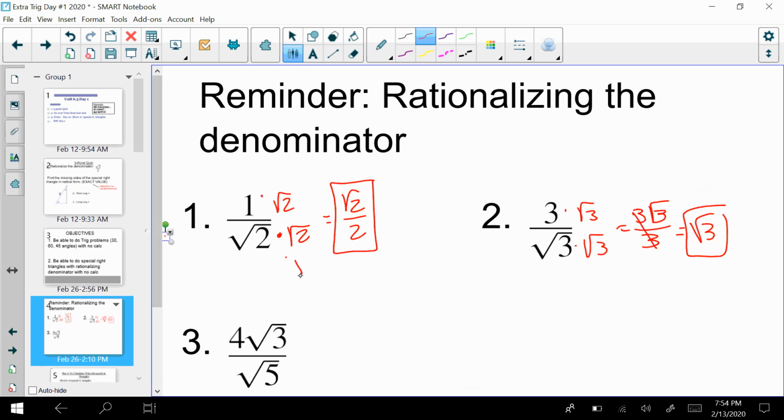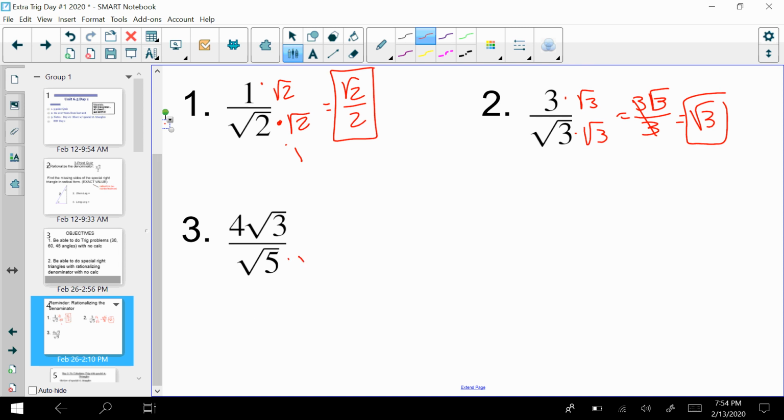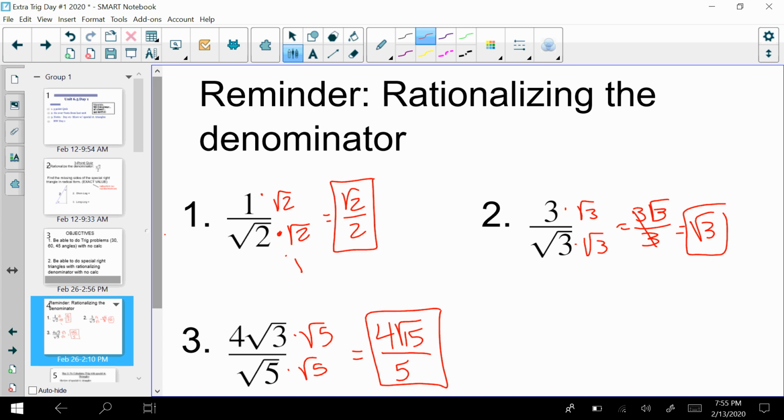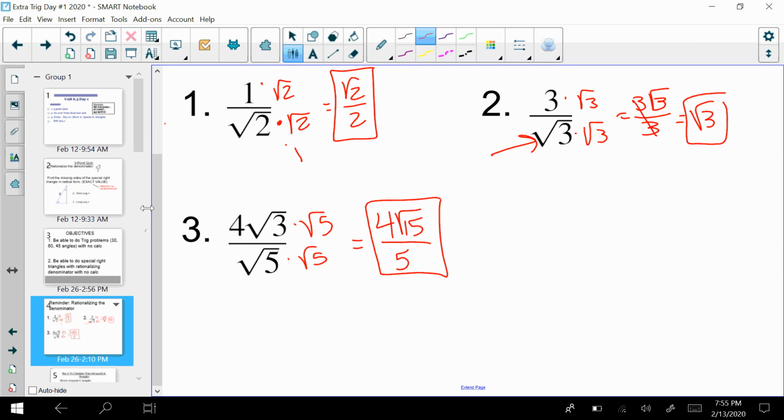And lastly, we are going to get 4 radical 15 over 5. And that's simplest form there. 4/5 doesn't simplify, and the radical 15 doesn't simplify. So there's a little rationalize the denominator review. Remember that we never want to leave a radical in the denominator for our final answer.